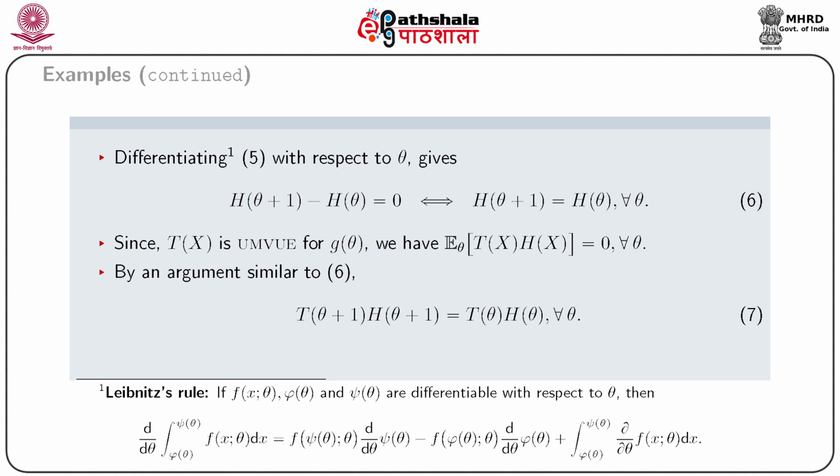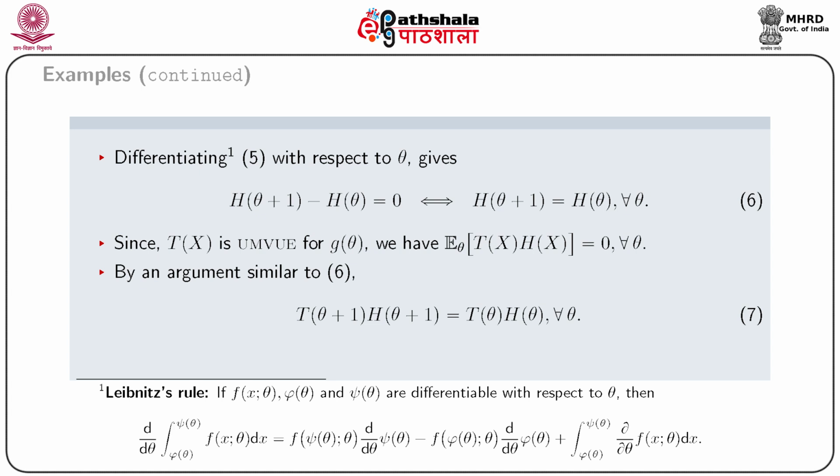Differentiating both sides with respect to theta by Leibniz theorem, we get h(theta + 1) - h(theta) = 0 for all theta, which implies h(theta + 1) = h(theta) for all theta. We write this as equation 1. Let T(x) be a UMVUE of g(theta). Then T(x) is uncorrelated with h.